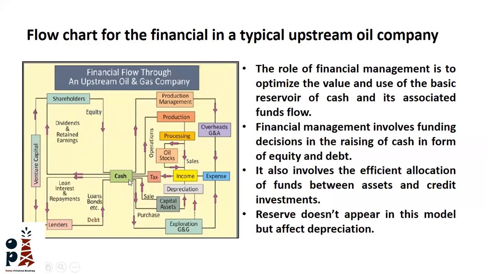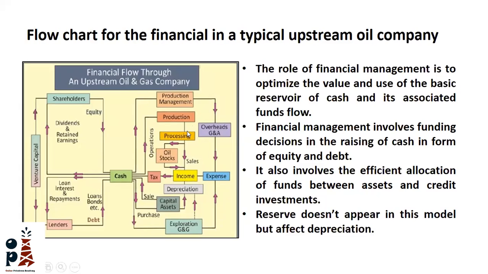You spend this cash on production management, production operation, and in the exploration phase. So you have four ways of cash out. You spend money on production management and production, to buy some capital assets, and to drill exploration wells and shoot seismic. These are the expenses of the project.